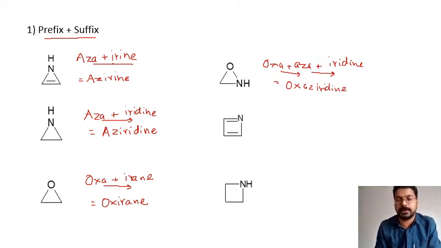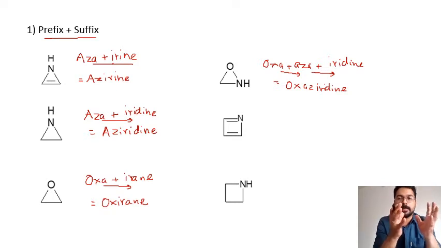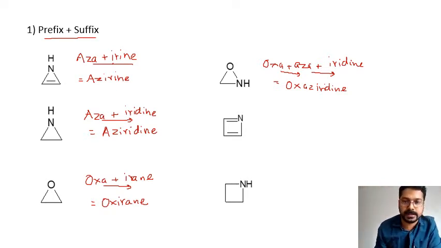For the time being, I am not explaining the number system. I am just explaining what a prefix and what a suffix is, and how they are combined to get the systematic nomenclature. If you take the unsaturated 4 membered, you can see it is aza plus 4 membered unsaturated is ete, so the name will be azete.